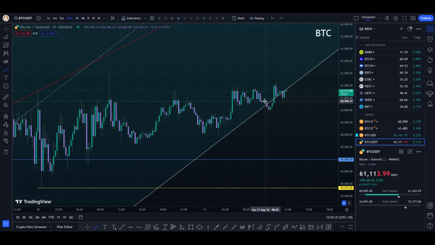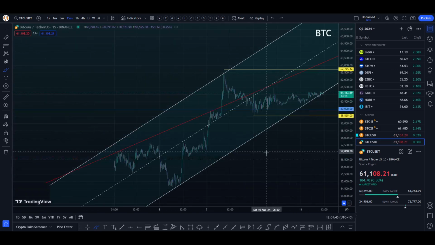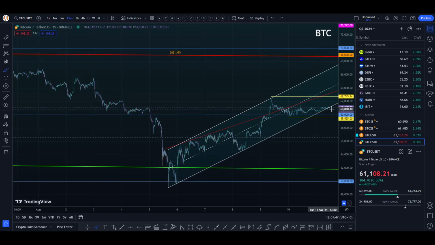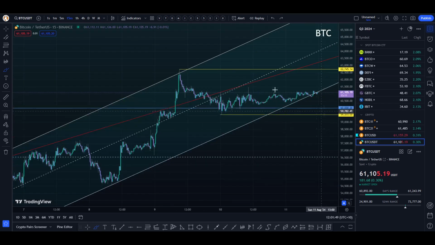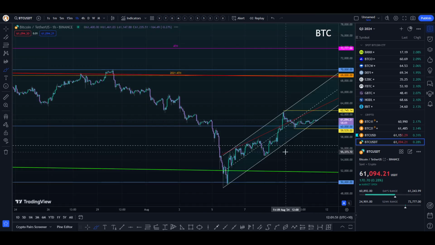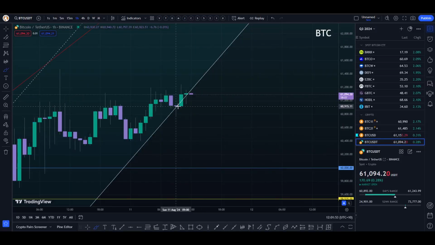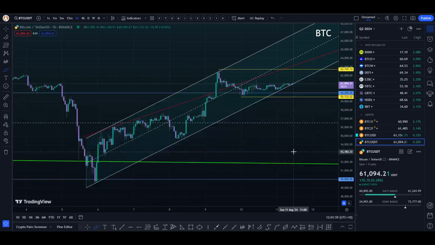But look, that little push down and this little push down has not produced any devastating drop. I would argue we're still very much in this channel. I don't think that's a threat. It's probably a wick at best. If you go to the hourly time frame, it looks like more of just a wick. There's 2 candles that are just wicks to the bottom side. But we'll keep our eyes peeled.